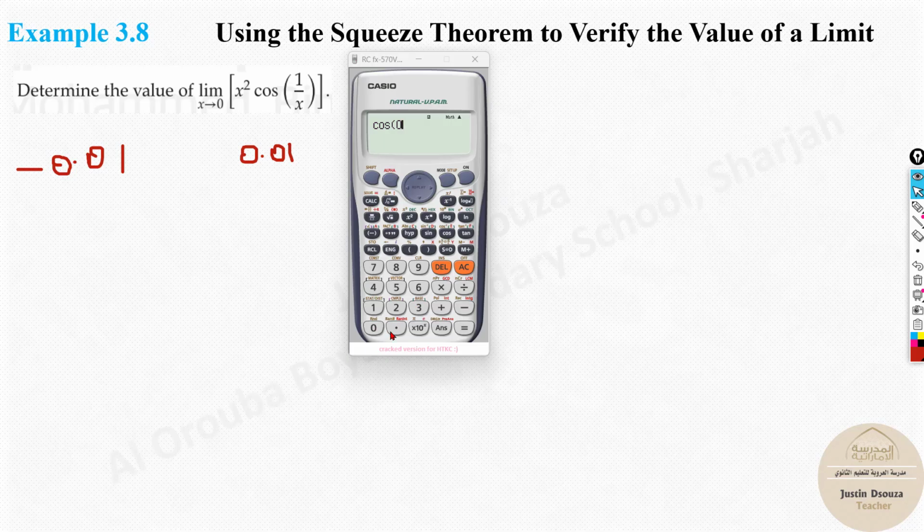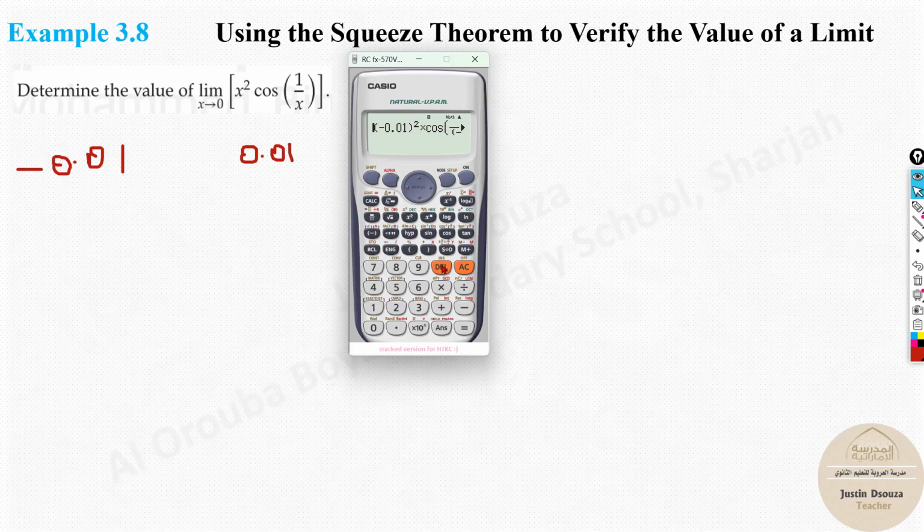Now here let me take the negative 0.01 squared. So I will have to use the bracket because there is negative, multiplied by cos of 1 divided by negative 0.01. Then close the bracket, and the answer over here is, okay, I have made a mistake.